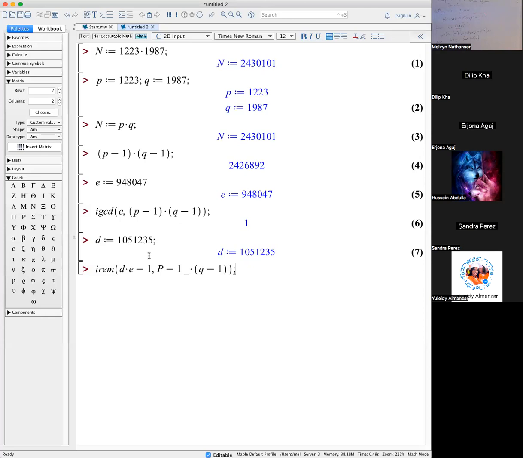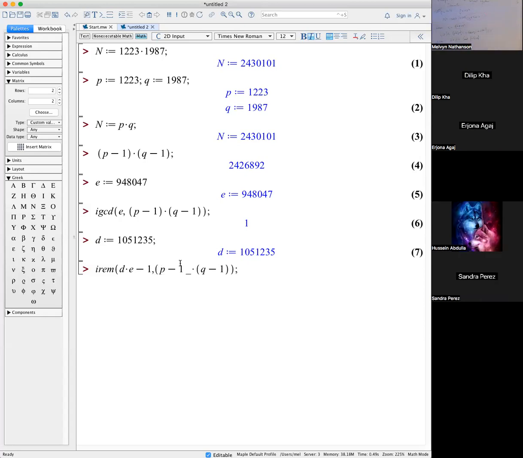So this is D, and I want DE to be congruent to 1 modulo P minus 1, Q minus 1. So I multiply D times E, I subtract 1, I divide by P minus 1, Q minus 1, and I want the remainder to be 0.